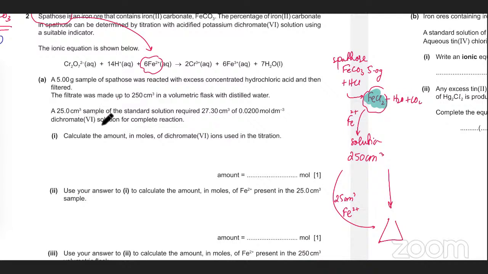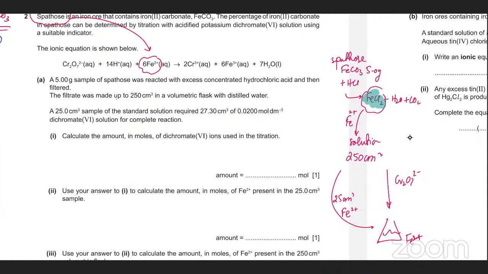He titrates it with dichromate 6, which is Cr2O7 2 minus. And the bottom flask contains Fe2 plus. But remember, he only takes 25 cm3 of the solution that he created, not the entire thing. So note this down: he only takes 25 cm3 of the original solution.